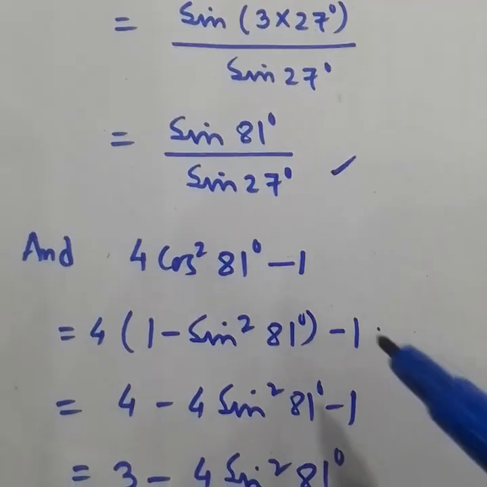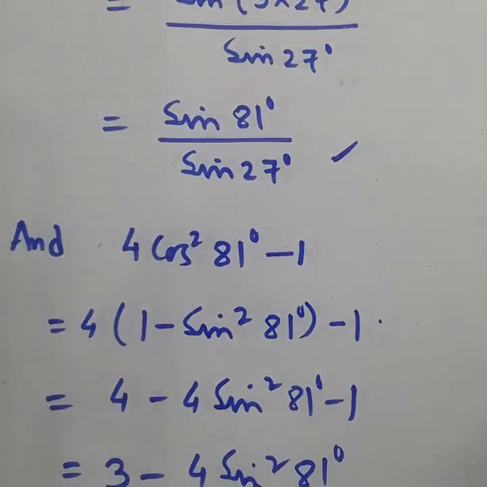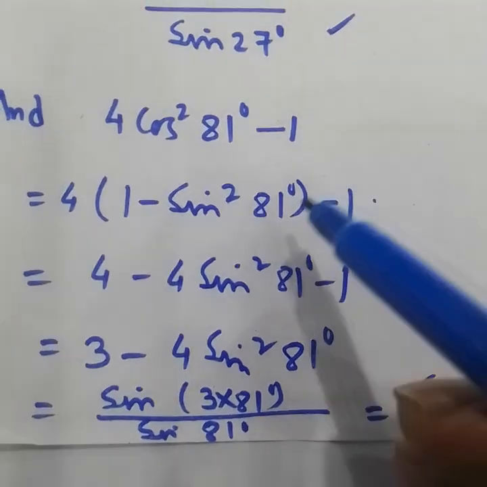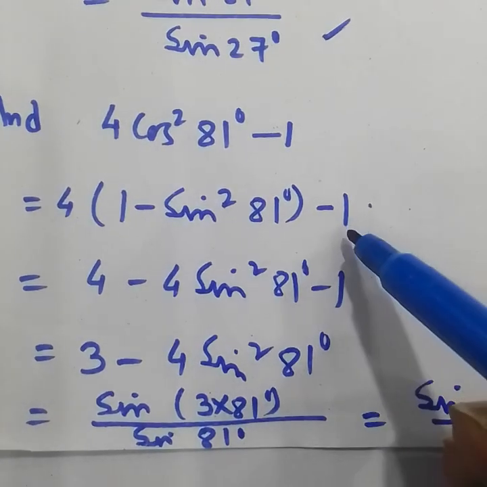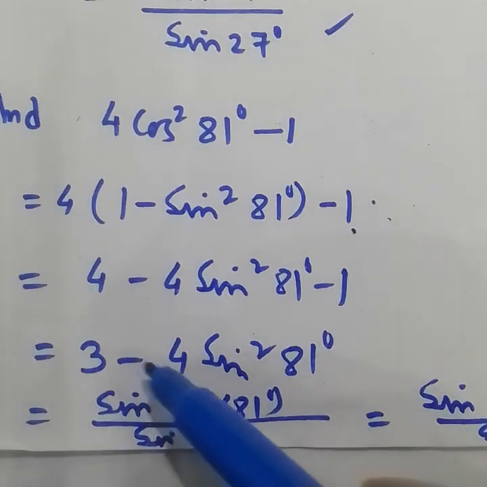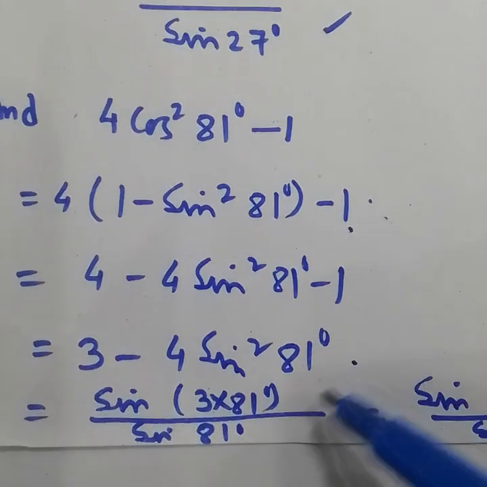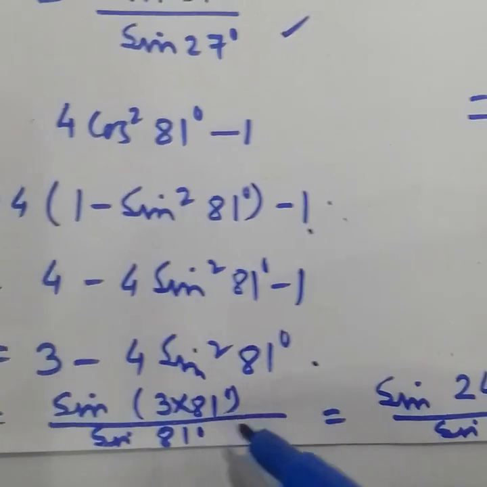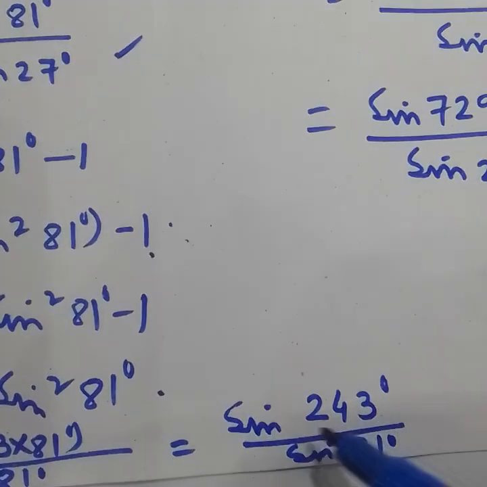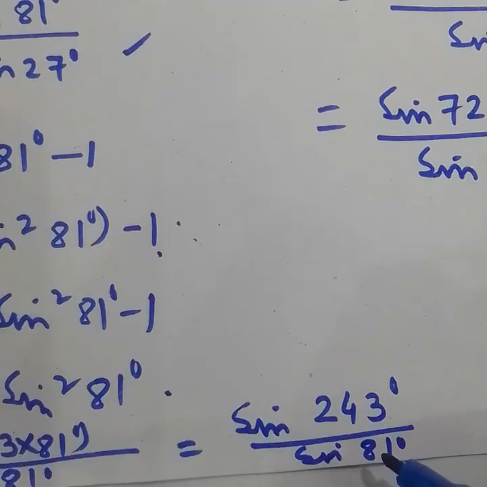For the third expression, 4 cos square 81 degree minus 1, using the same method, we get 4 into (1 minus sin square 81 degree) minus 1, that is 3 minus 4 sin square 81 degree, that is sin of 3 into 81 degree by sin 81 degree. So it becomes sin 243 degree by sin 81 degree.